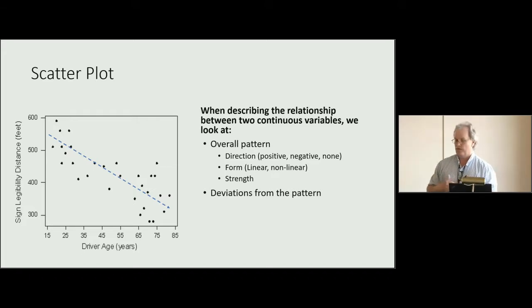Typically, if we have a situation where we have a dependent variable, that dependent variable is usually on the y-axis, and our independent variable is on the x-axis. If we're not distinguishing between what's an independent and dependent variable, it doesn't really matter. But typically, we report the dependent variable on the y, independent variable on the x, the explanatory variable.